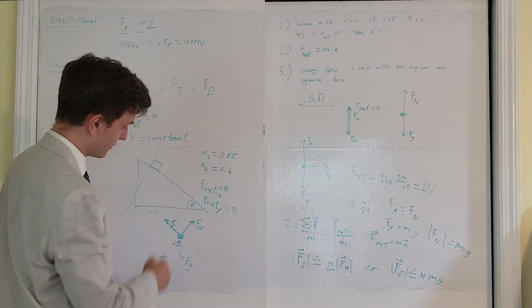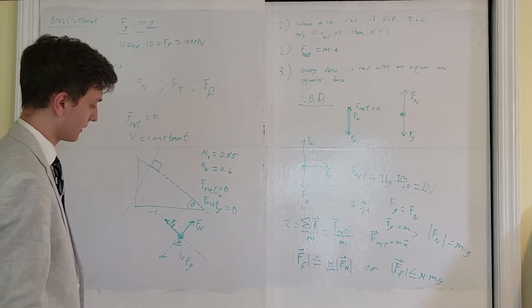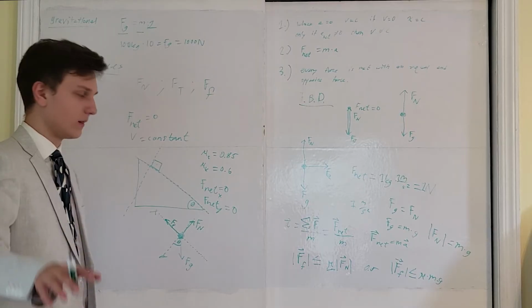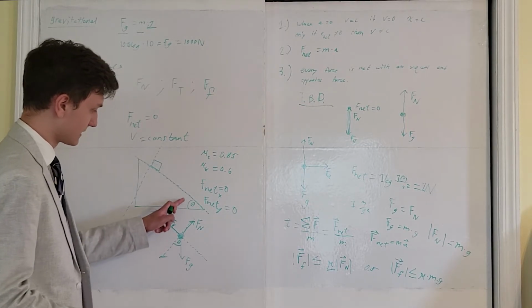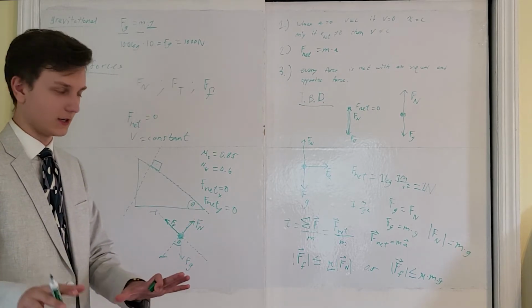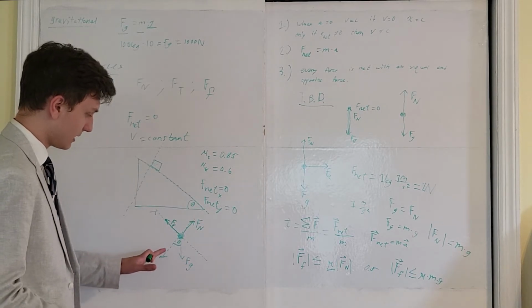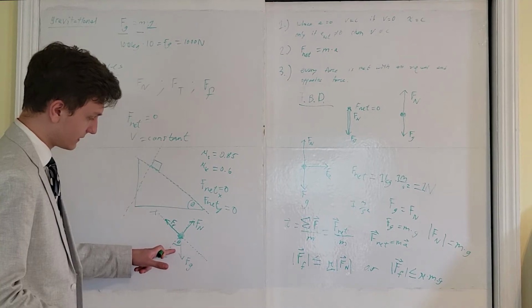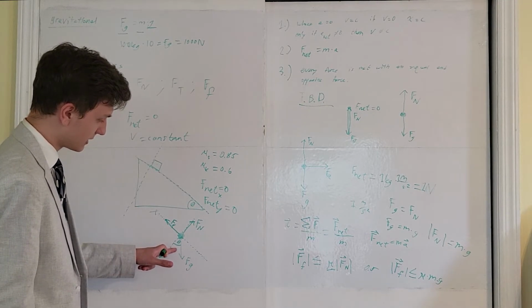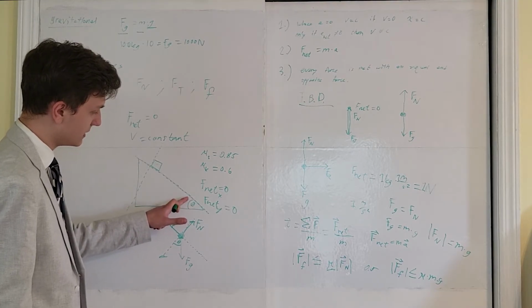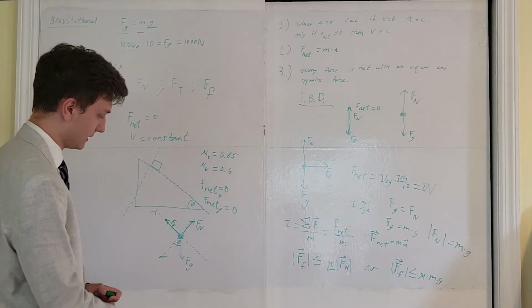It's the same theta that we identified down there, okay? It's a pretty long explanation to justify why this angle is the same as that angle, so just trust me on this. Whenever you see this problem, the angle between your gravitational force and your y-axis is always going to be the same as the angle denoted here in the incline.